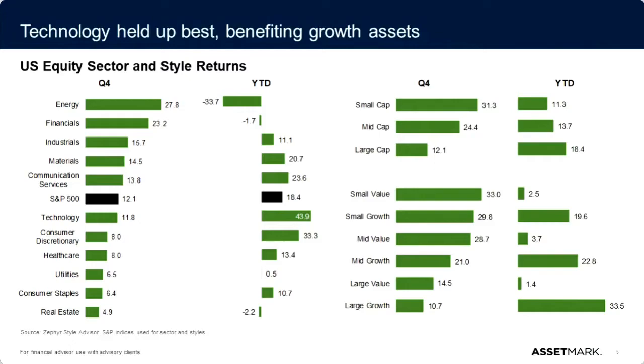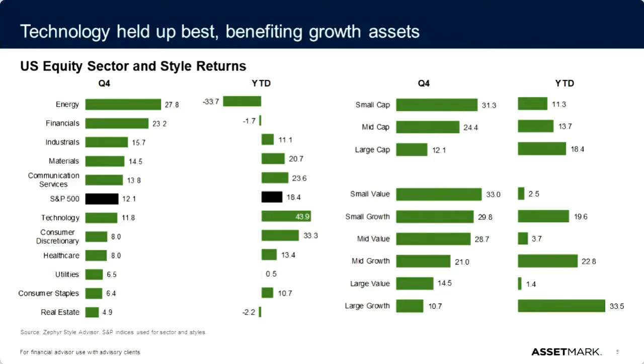You look at the S&P going down to the middle there, it was up about 12.1% for the quarter, but still ended up 18.4 for the year. So it was quite well. Technology, the same thing, around 11.8 in the quarter, but the year was up 43, almost 44%. So it was a dynamic year to say the least.